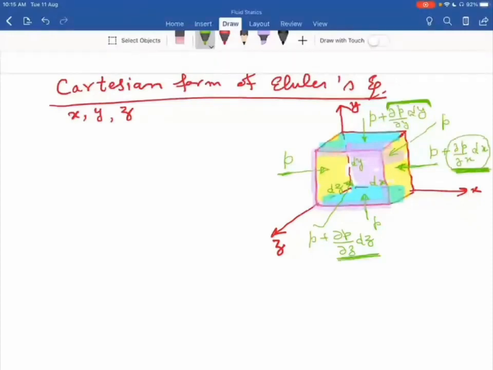So I write the first force, that is the pressure force, along x direction. You can see along x direction, pressure intensity P multiplied by area, so that becomes P dy dz, and on the other face again multiplied by dy dz.